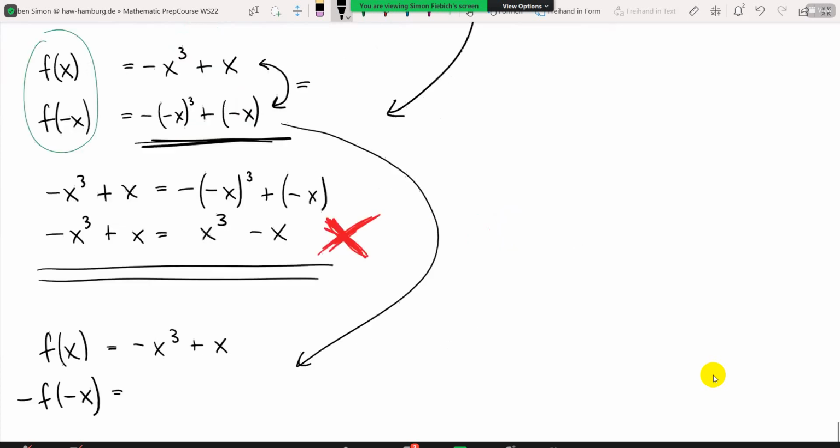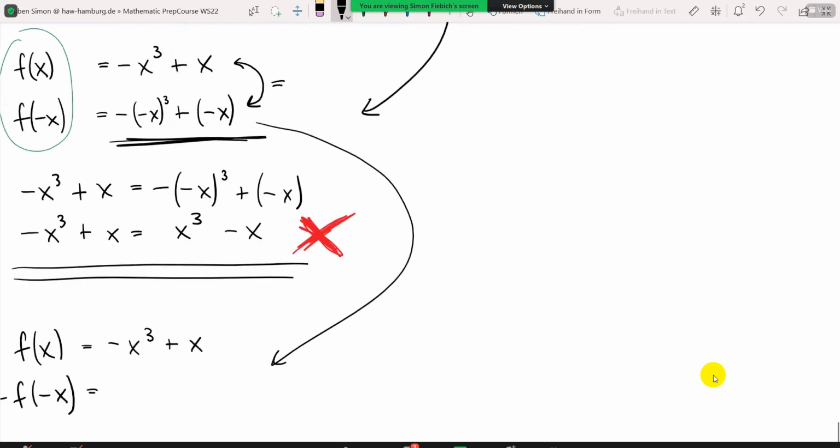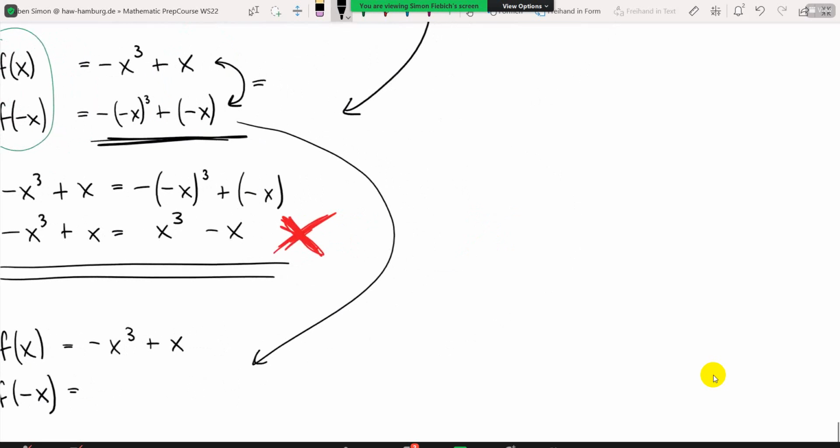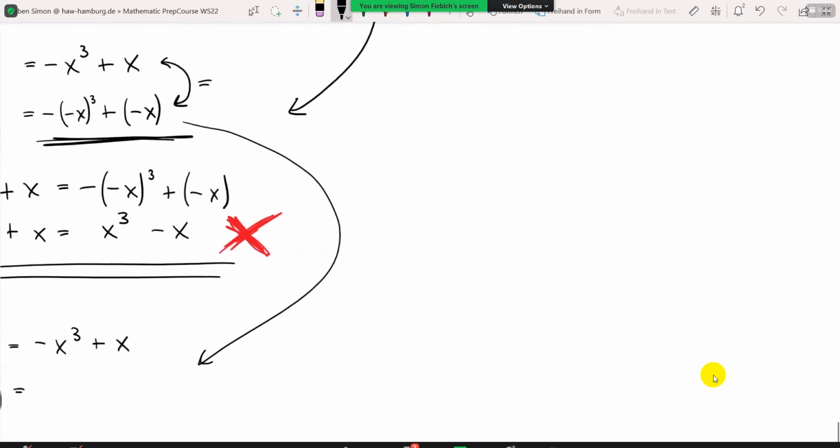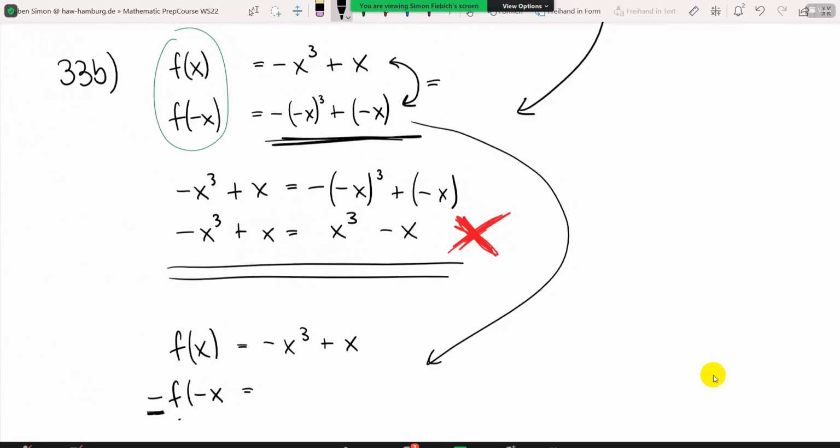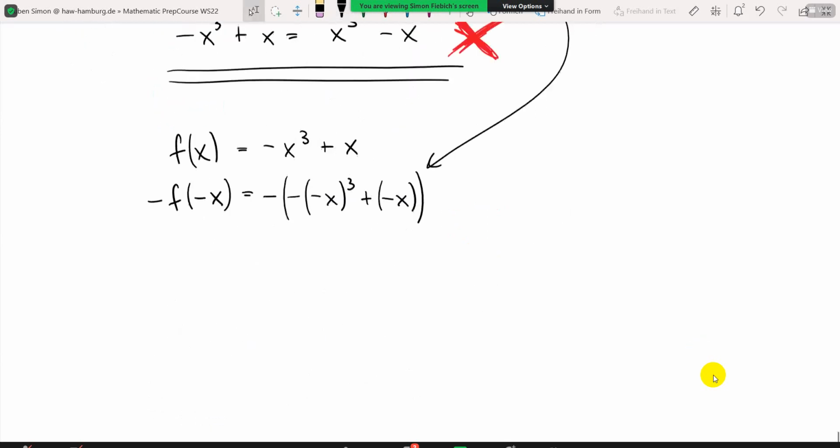We want to have the same term as before, f of negative x, which we already trimmed, and now we are putting another minus in front. And this will give us negative, and then the same term above, like this. Yeah, it looks a little complicated, but no matter what, we can solve it.